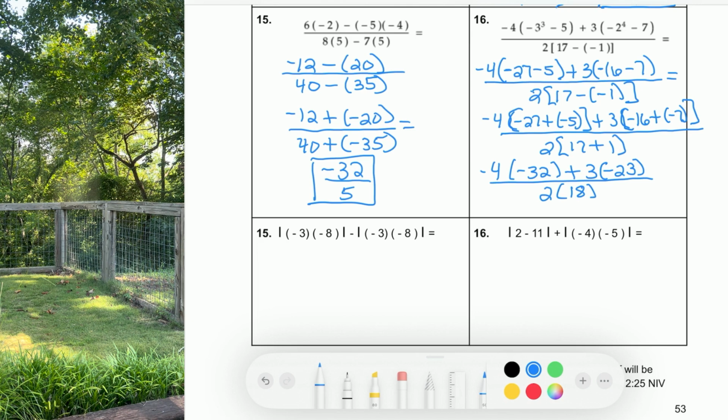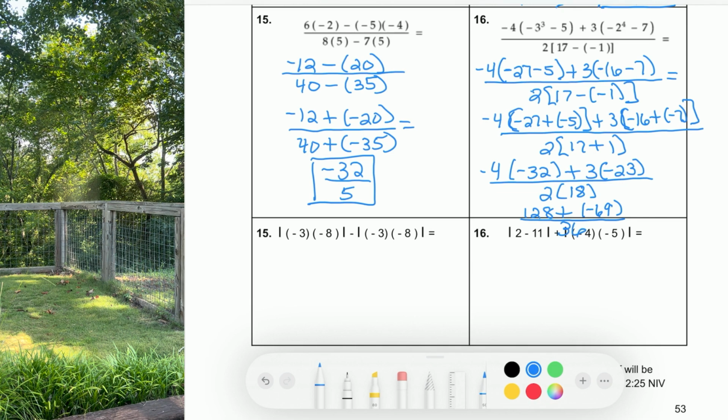All right, negative 4 times negative 32 is going to give me a 128. Plus, let's see, 3 times negative 23 is going to give me a negative 69. And in the bottom, I have 2 times 18, that's 36.